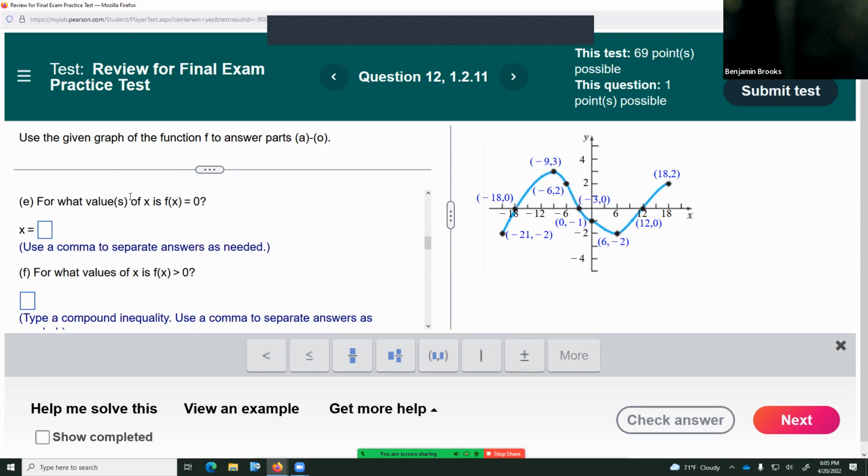For what values of x is f of x equal to 0?